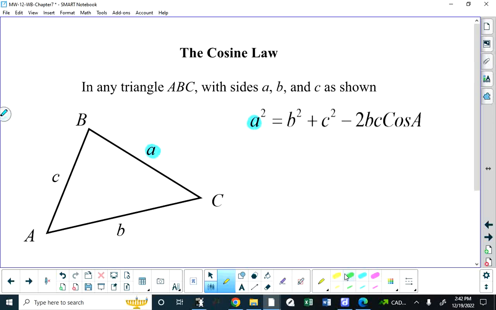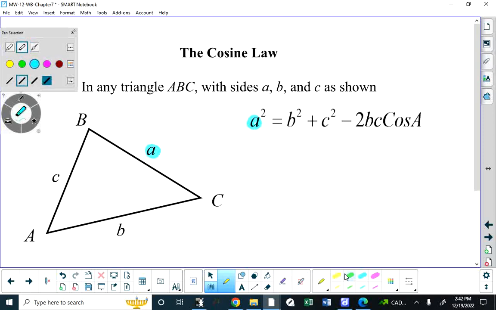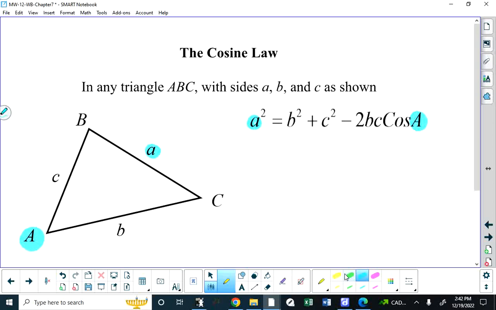Notice that the angle in the cosine law pairs up with the side we're trying to find. There is a pair here, but we don't know both of them. You use the cosine law to find a side when you know the angle across from it and the other two sides.